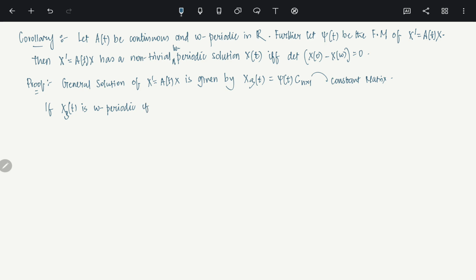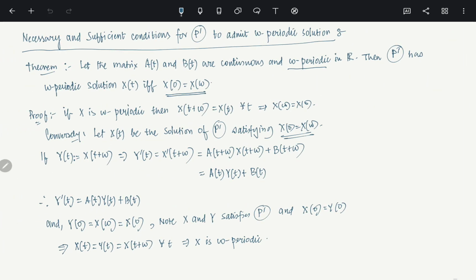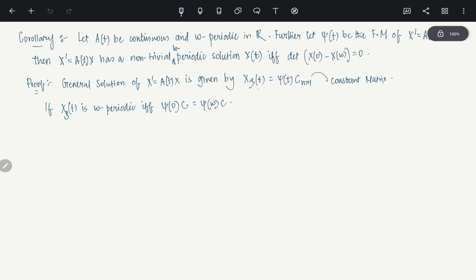Of course, that will give you the if and only if condition. What is the if and only if condition? phi of 0 times c equals phi of w times c. This is always true. Why is it true? Because of the earlier problem. In this problem, if you take b to be 0, it is saying the problem has a w periodic solution if and only if x of 0 equals x of w.